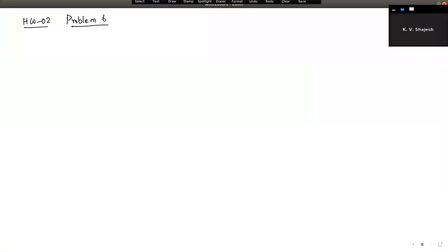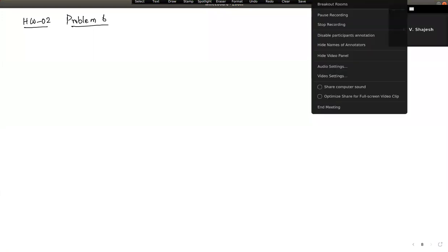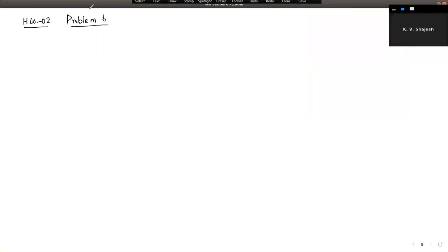This is problem 6 in homework 2. It talks about a car. So let's say we have a road, and there are traffic lights here.